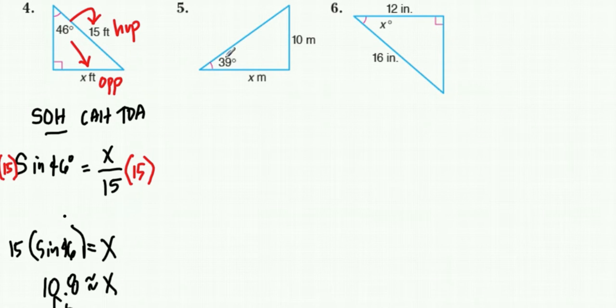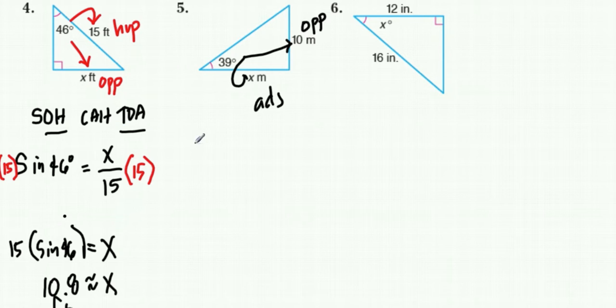You have 39 degrees given and 10 m and x m. Again, first thing you need to ask yourself, how are 10 and x related to 39? We know that 10 is the opposite side of 39 and x is the adjacent side. So using our trigonometric ratios, where do you have opposite and adjacent? Opposite and adjacent is in the tangent ratio.